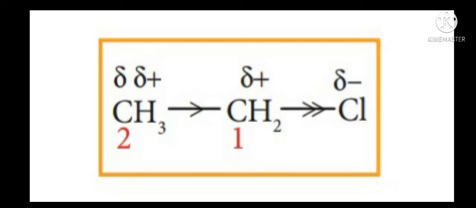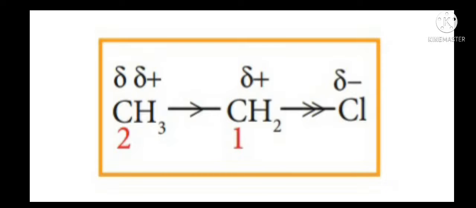Hence, chlorine attracts the shared pair of electrons between carbon and chlorine in ethyl chloride towards itself. Due to this, a slight negative charge is developed on chlorine and a slight positive charge is developed on the carbon to which chlorine is attached.